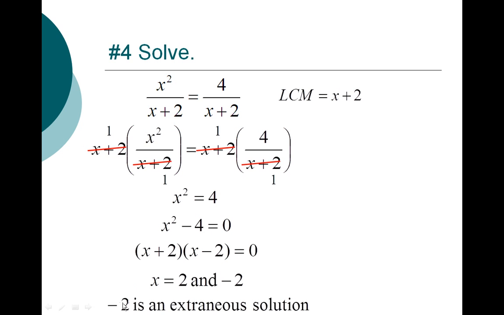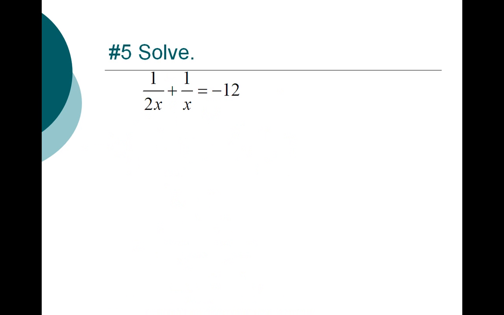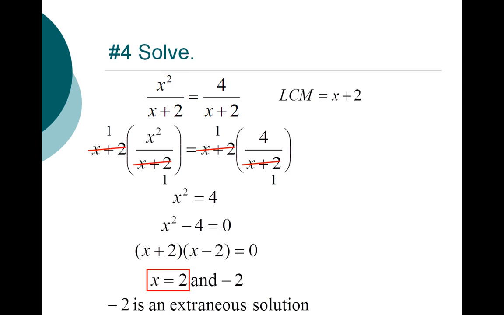Because if we plug negative 2 into the denominators, we'll get 0 in the denominator. And as you know in math, we do not divide by 0. So let me emphasize that the only correct solution is x equals 2.